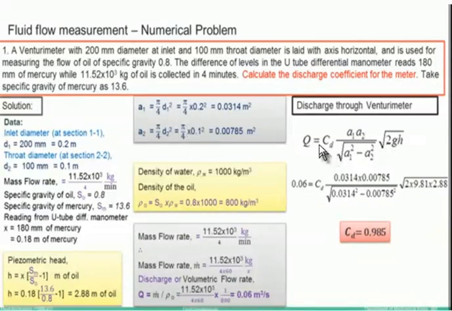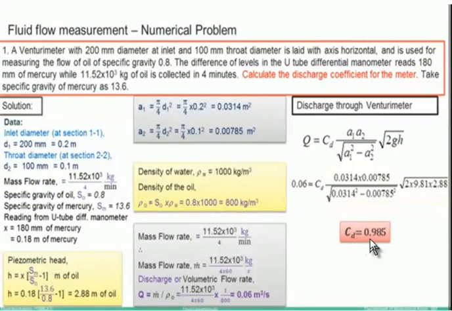Now Q is equal to m dot by rho, that is the mass flow rate divided by the density of oil. With this we can calculate Q, substitute all the values and make the calculation. We will get CD equal to 0.985.